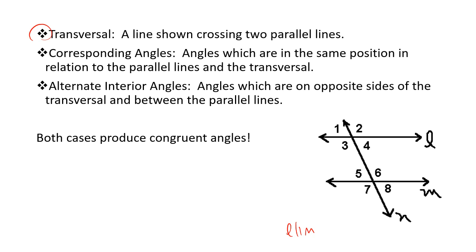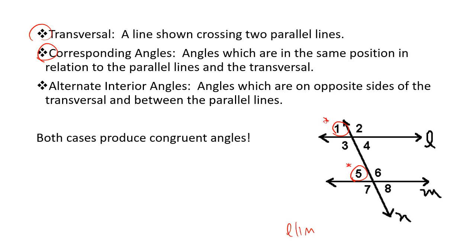Now, there's a whole bunch of different relationships that are created in this situation, and the book really only focuses on two. The first one that the book focuses on is this idea of corresponding angles. Corresponding angles are angles that are in the same position in relation to the parallel lines and the transversal. So if I look at angle 1 and angle 5, they're both in the upper left.